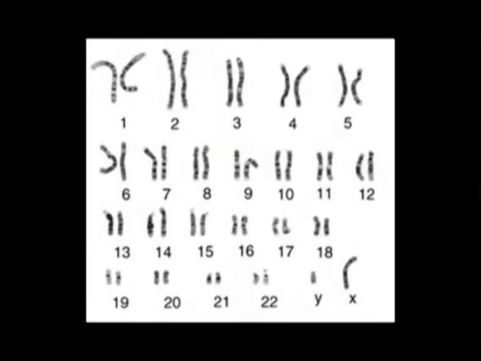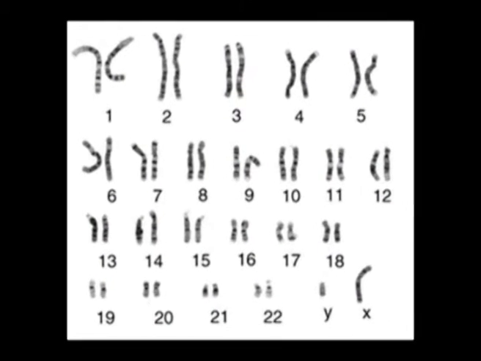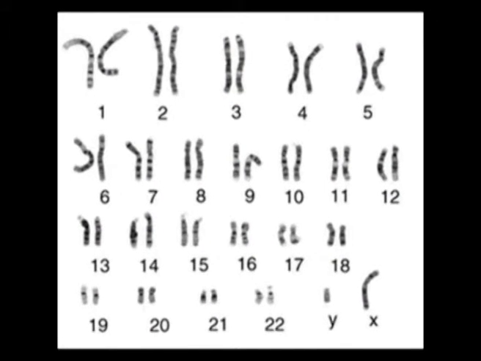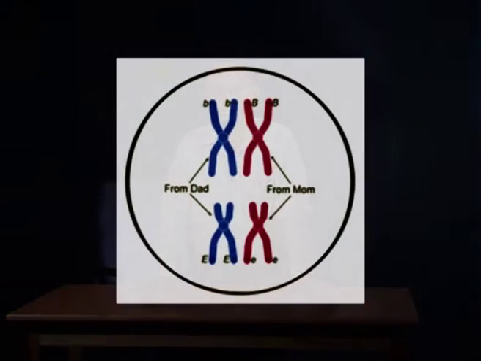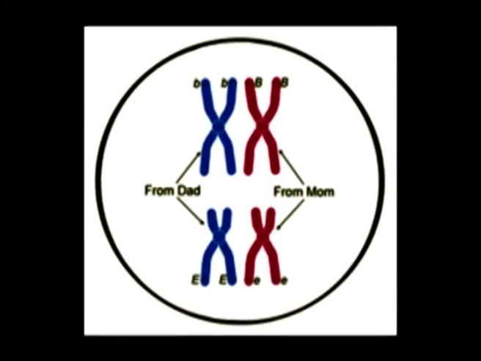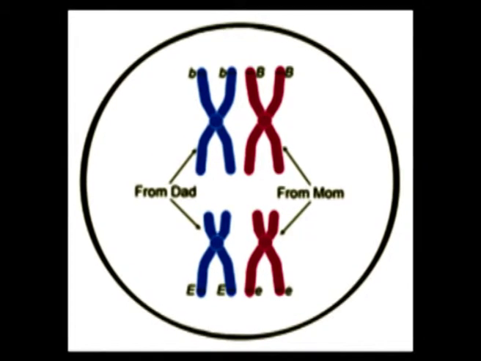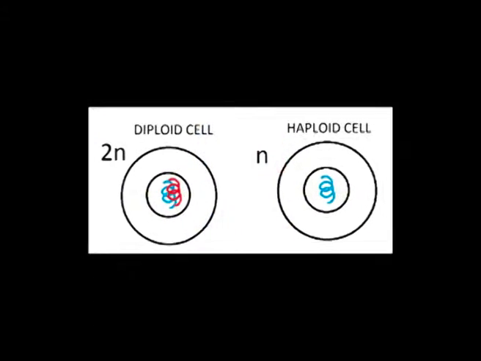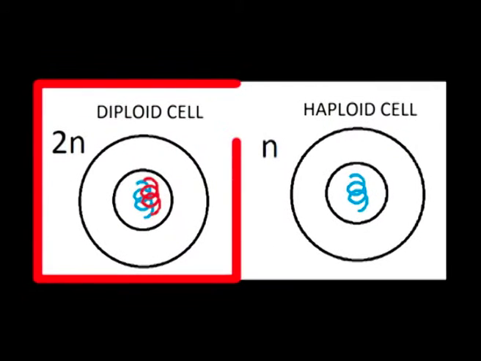Now, it is already well established that human beings have 46 chromosomes or 23 pairs of chromosome. Well, coming to the human somatic or body cells, it has two complete sets of chromosome given by each parent, and these two sets together constitute the diploid condition represented by 2n.